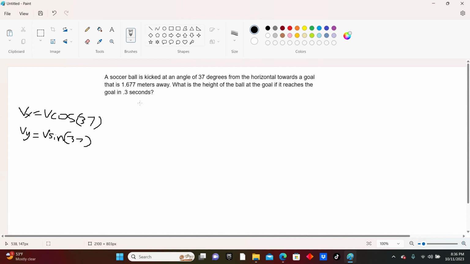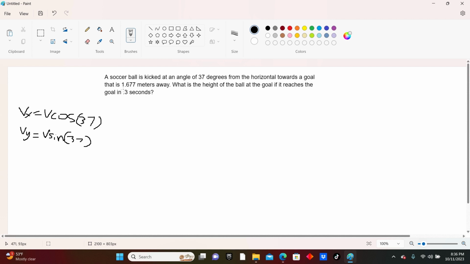In this question, we can't use the vertical displacement equation because we don't know our initial velocity. But we can solve for our initial velocity using the horizontal displacement equation first.